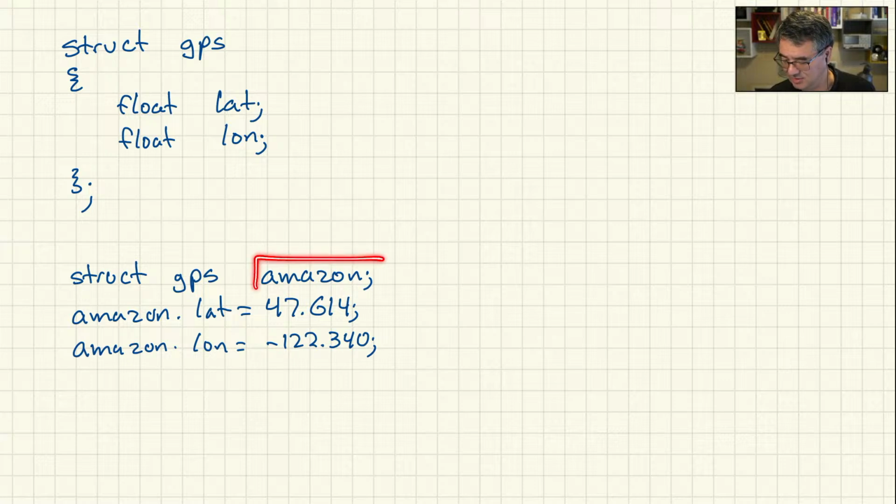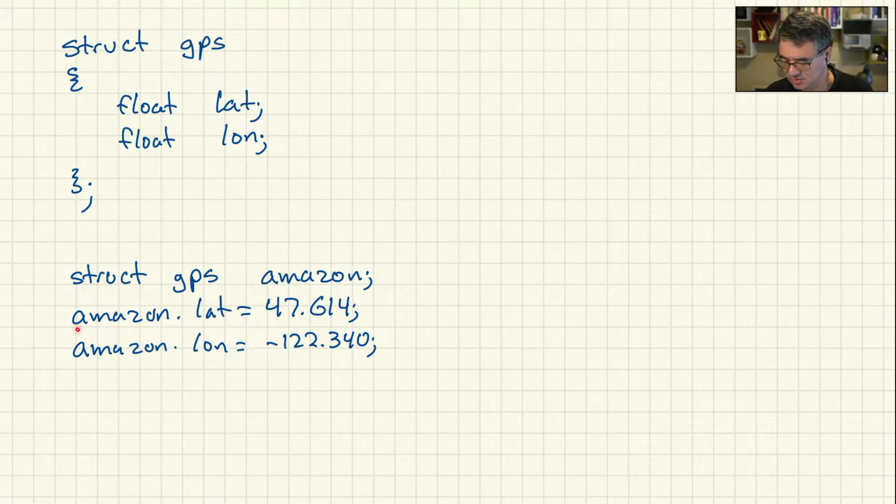And then the name is, in this case, Amazon. I looked up the latitude and longitude of Amazon's corporate headquarters in Seattle. So I created a variable called Amazon that's a struct GPS, and then I can assign to the latitude and longitude by just assigning them using equals, but I'm going to use the dot to access the fields within the structure.